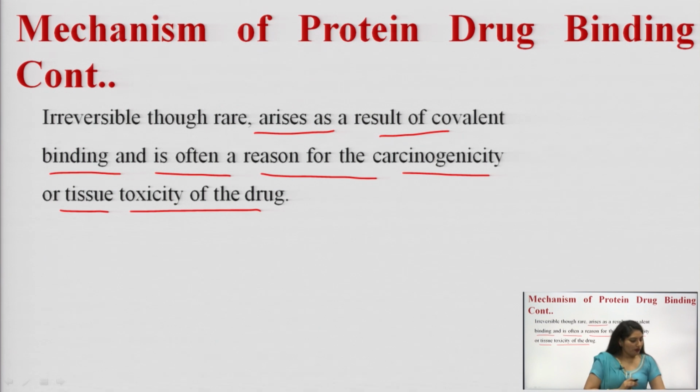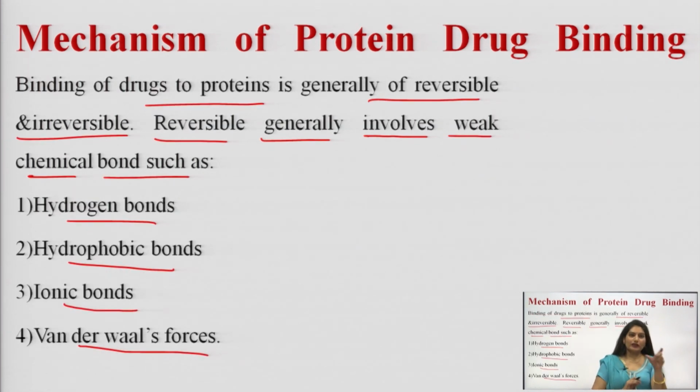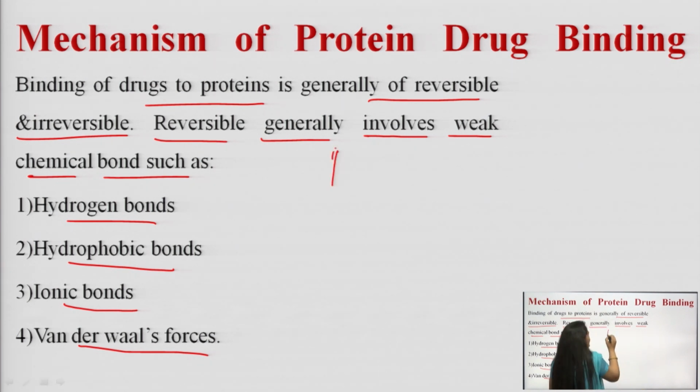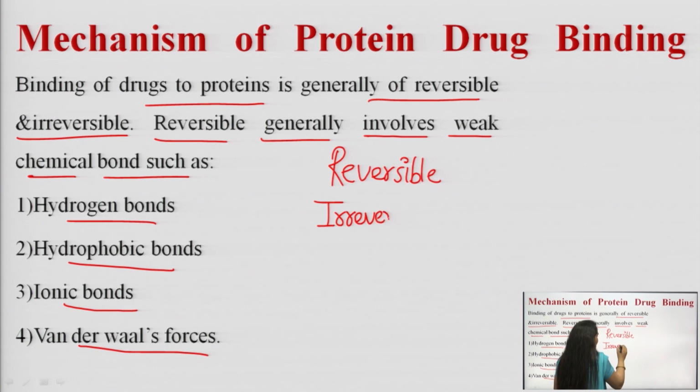So, what I have told you, there are two types of mechanism which are associated with protein drug binding. One is the reversible, second one is the irreversible.